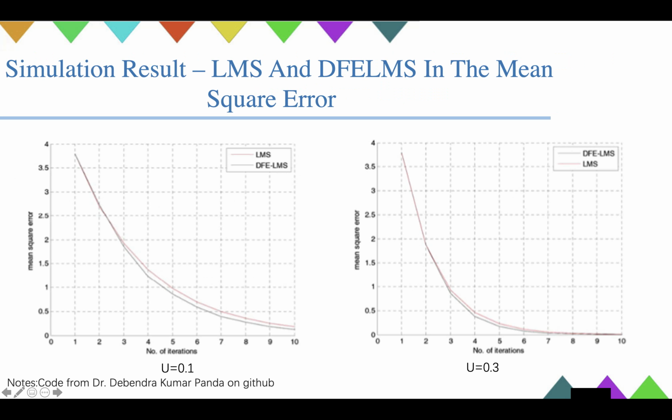Now let's talk about simulation. Our code is from GitHub. The first simulation shows the mean square error of these two algorithms. When the mean square error is large, the performance of the algorithm is worse.